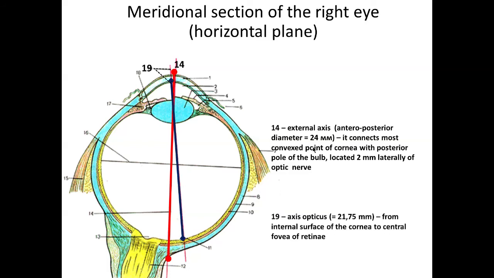Number 19, axis opticus. Number 19 is the axis which connects the internal surface of the cornea and the central fovea of the retina.